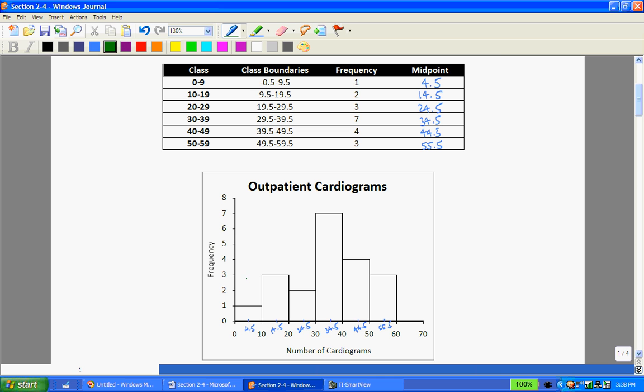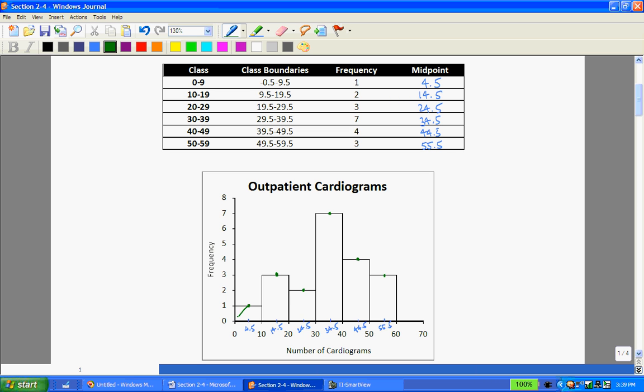And for my frequency polygon, I still want a dot at the height, just like with a histogram, but it's going to be centered right over that midpoint. So then I connect those dots.